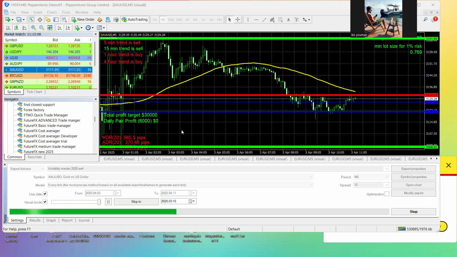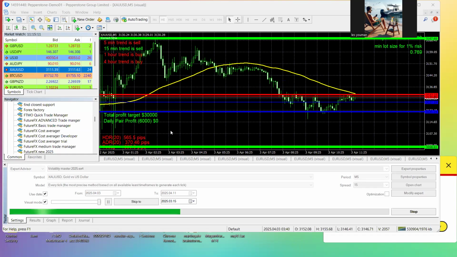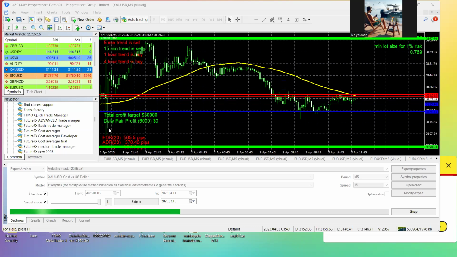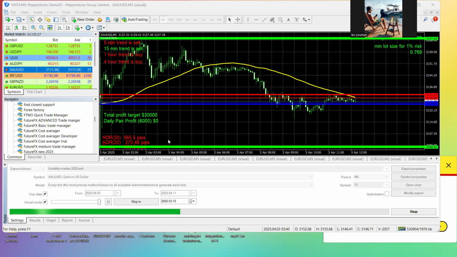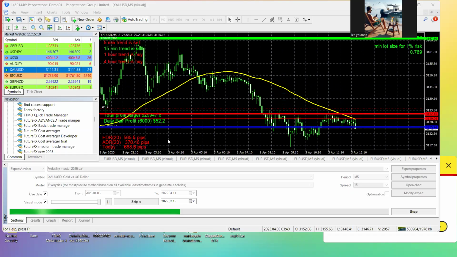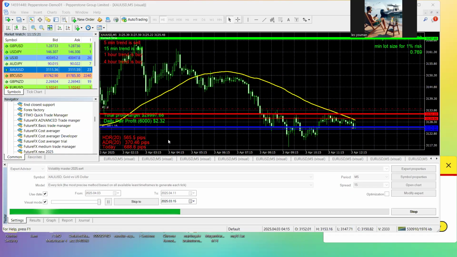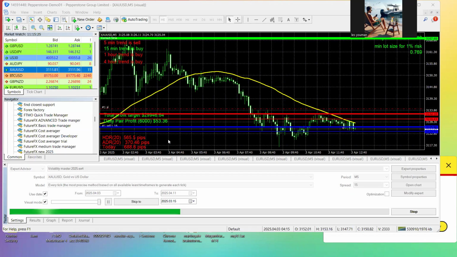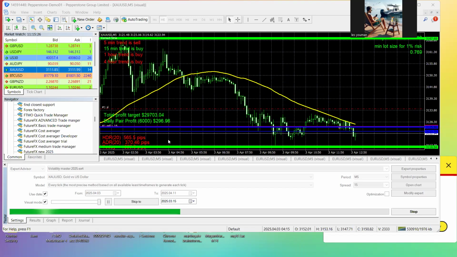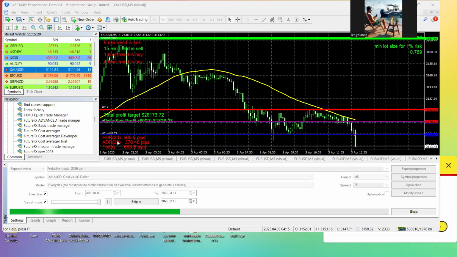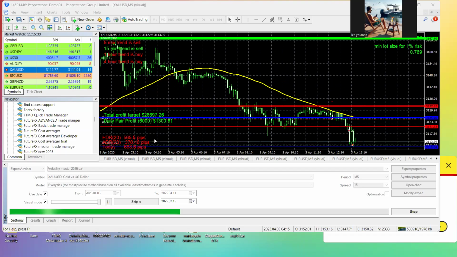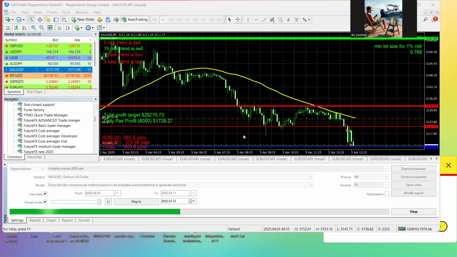Now I will be looking at using this ADR and the daily ranges and all of that. I am going to be looking at putting that into the logic of the EA so it can automatically adjust the settings I've been discussing here today, so that the EA will then be able to determine beforehand how volatile the market's been and adjust those settings to suit.